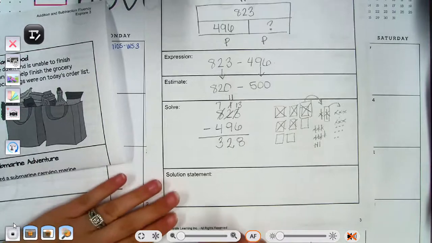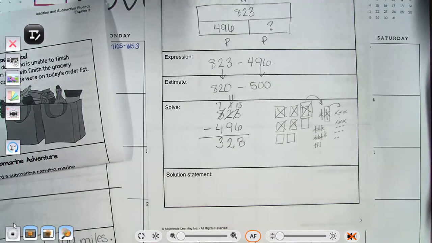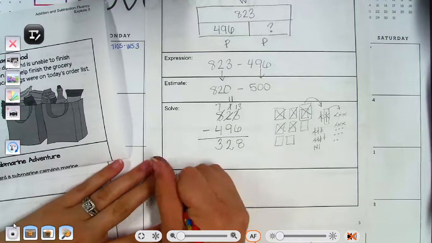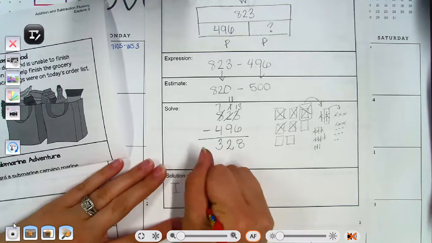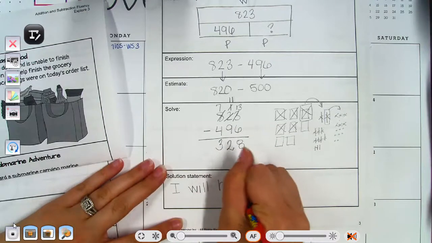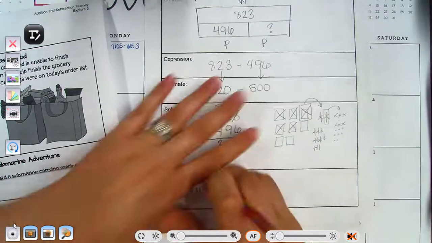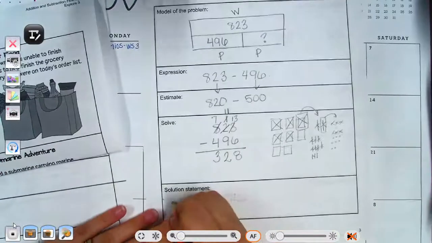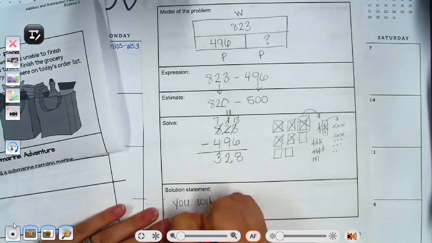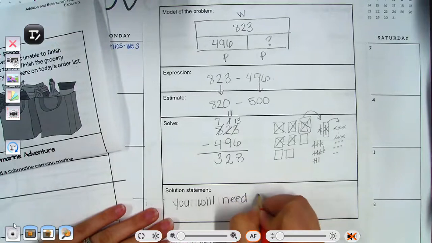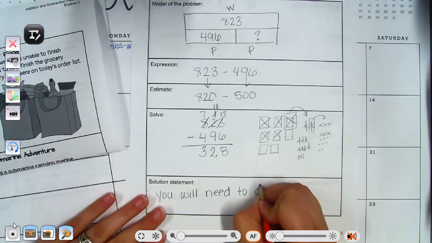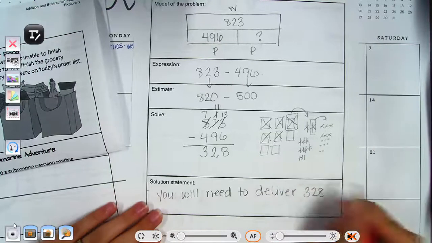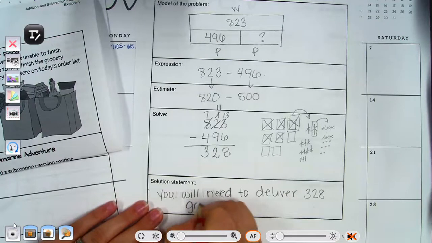So now I can write my answer in words. So I can say, I will need, or you will need to deliver 328 groceries.